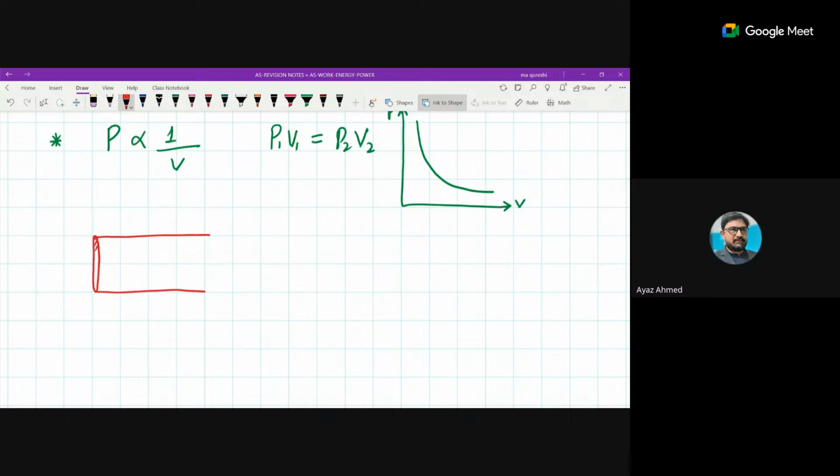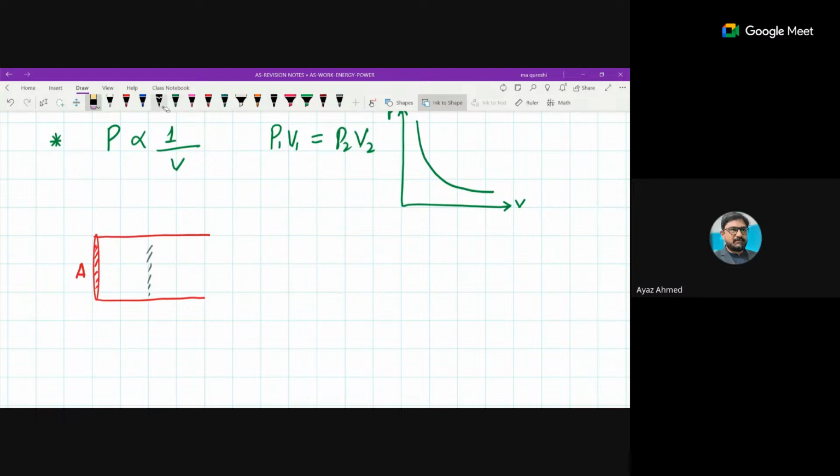Its surface area is this. This is the surface area of that container, and there is a piston inside. This is the piston.